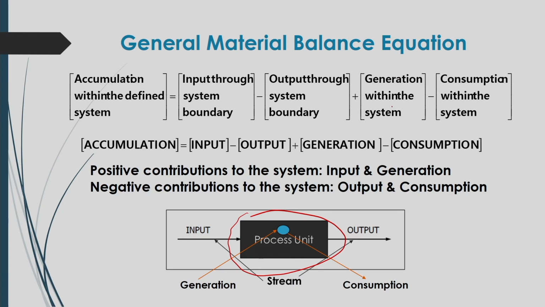So that generation within that system is to be considered, and also during that reaction there may be some reactants taking part in the reaction. Those reactants may be consumed, giving some compounds as a product.